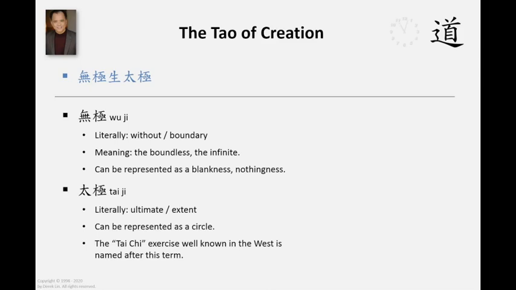And I know that many of you have tried it or are still actively practicing it. So when we want to represent 无极生太极, the state of the infinite giving rise to the ultimate, we would use something like this, where there's only blankness at the top half of this pictorial diagram, going into a circle representing Taiji.